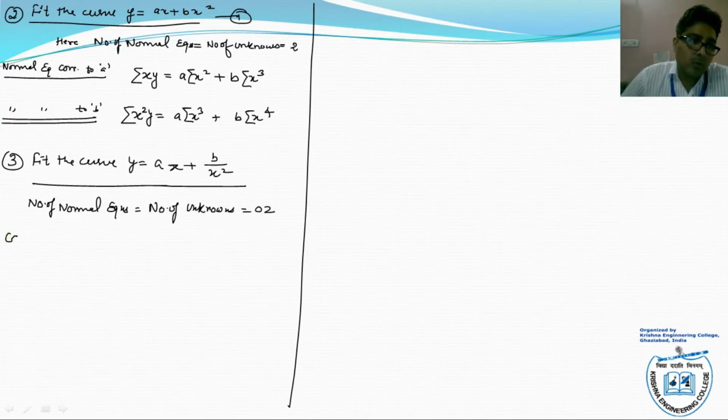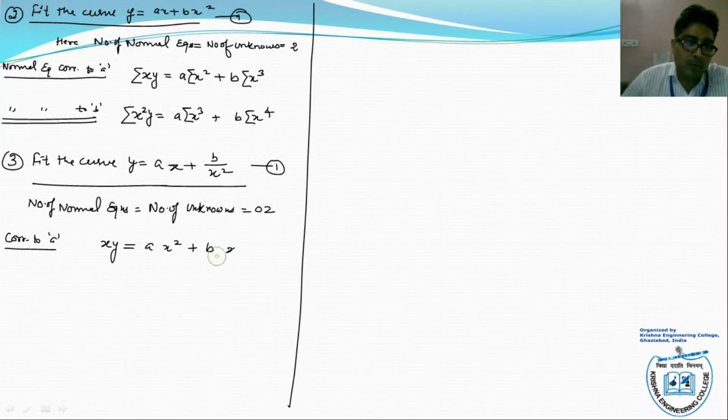Corresponding to constant a, the coefficient of a is x, so multiply the whole equation by x and then take summation. This becomes xy is equal to a x square plus b into 1 upon x. Take the summation sigma x, taking the constant outside.